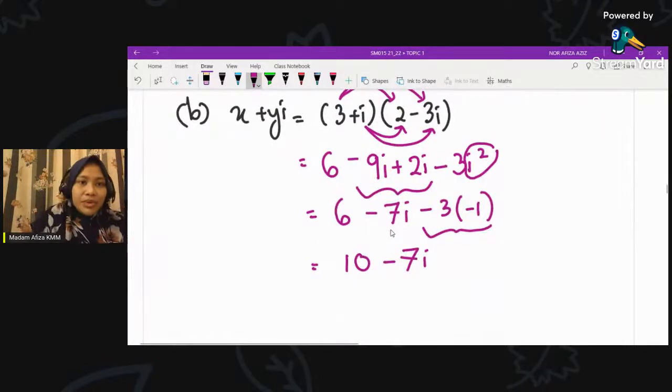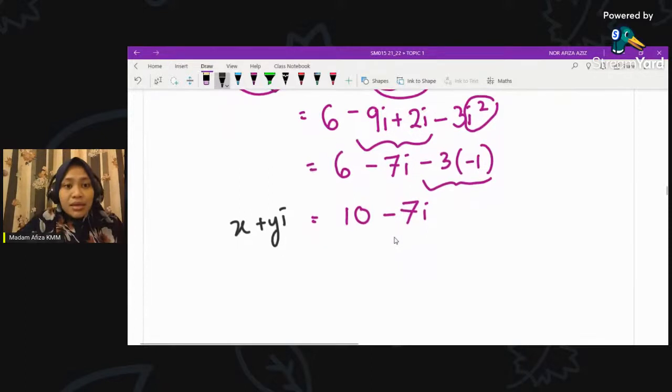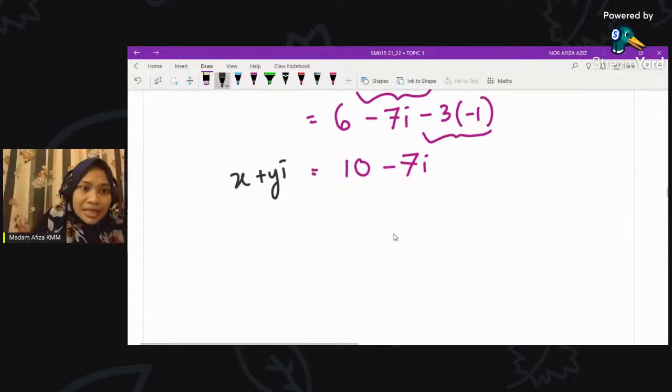Okay, so let me copy again. The left hand side over here, it is x plus yi. At this point, now you can compare the real and imaginary part. So write down real.